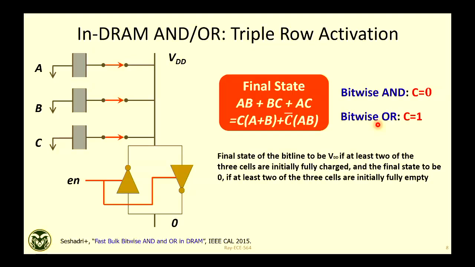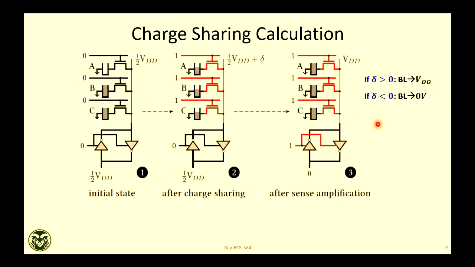Okay, you can extend it, but this is just the core of the logic. Now, if you want to do some math, what is my delta? So you start with half VDD. Suppose two of them, in this case B and C, are fully charged. This is the activation, triple row activation. This is the key.